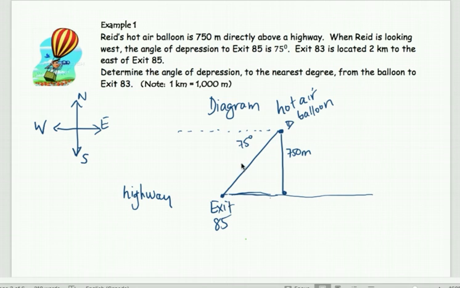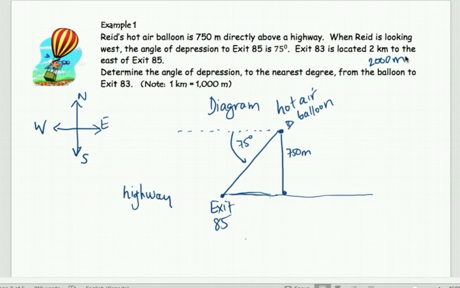And then you look down, and when you look down, this is 75 degrees, looking down at exit 85. Exit 83 is located 2 kilometers away. So here is my 750 meter height of the air balloon. 2 kilometers away is 2,000 meters.